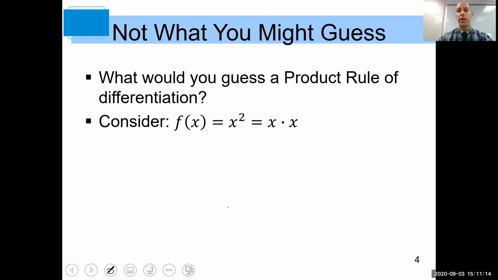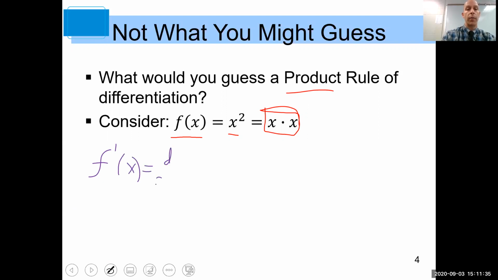Now, I'm going to just take a leap here. Consider the function f of x equals x squared. Instead of calling it x squared, if you don't mind, I'm going to think of it as x times x, so I'm going to write it as a product. If I asked you what is f prime of x, my guess is you'd say, well, Mr. Allen, it seems intuitive that I'm just going to do the derivative of x times the derivative of x.